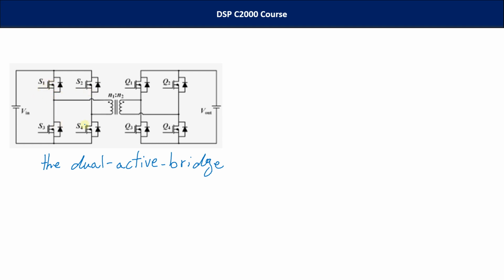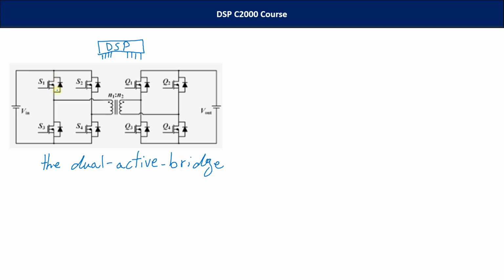We've got 4 power switches in this bridge, and also we've got another 4 power switches in this one. We've got a transformer, but this is a passive device. So we have to develop our code and provide 8 PWM signals here.